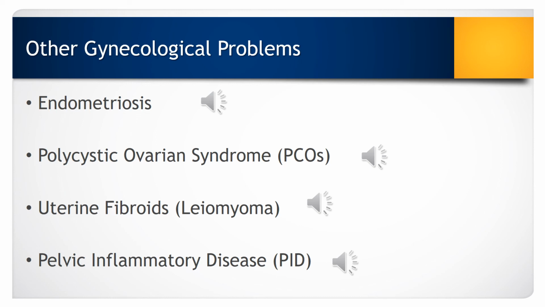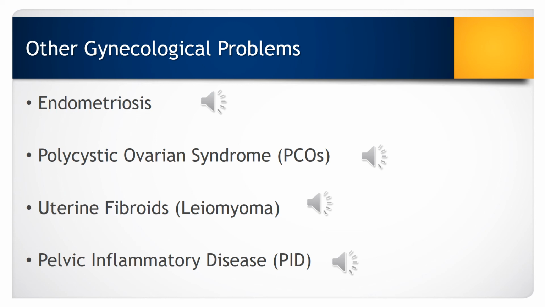Leiomyomas or uterine fibroids are more common than endometriosis or PCOS. And particularly African American women are more prone to uterine fibroids when we compare ourselves to our Caucasian counterparts. Uterine fibroids are benign tumors that are found within the uterine wall.